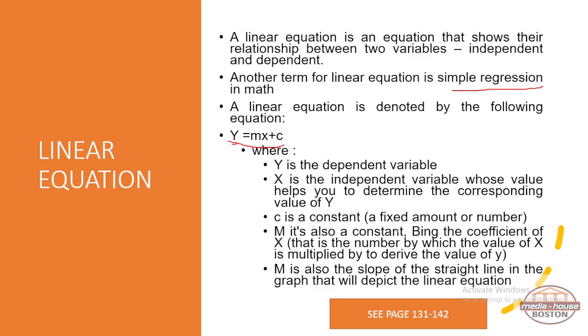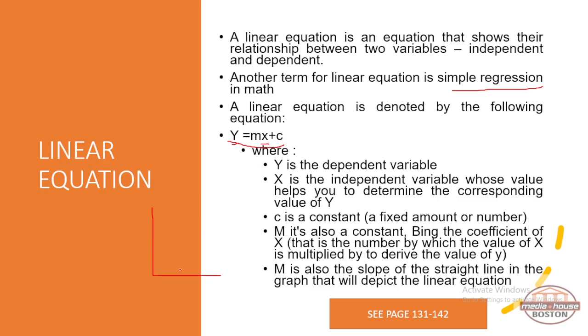And then m is the constant, being the coefficient of x, since it is multiplying the unknown value, which is x. And c represents the constant, which is either a fixed amount or a number. And m also represents the slope of the straight line in the graph if we plot y equals mx plus c.